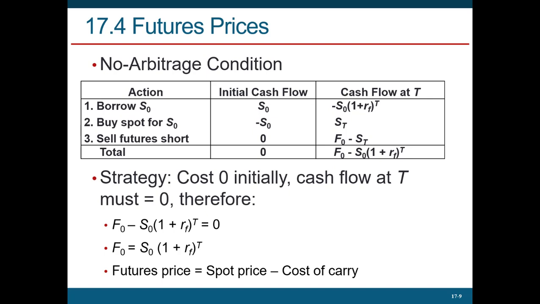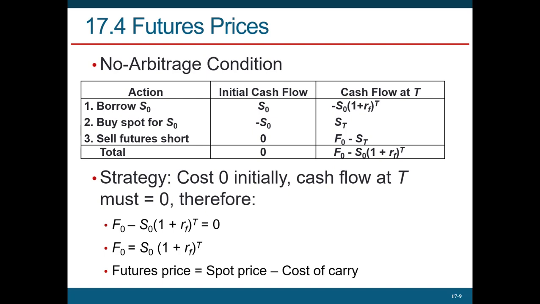Now let's look at the cash flow at time T. If you borrow S0 today, in the future you need to pay interest, which equals negative S0 times (1 plus R) raised to the power T. That is principal plus interest payment. It's negative, which means you need to pay money.